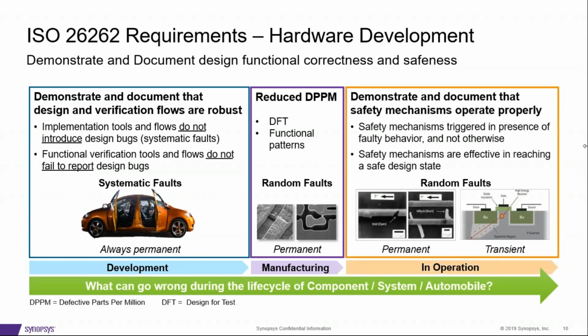And last, and this is probably the additional step that we need to do for automotive chips, is we need to demonstrate and document that safety mechanisms operate properly while the design is in operation, such that if a random fault occurs, we are able to mitigate the risk that it can cause.